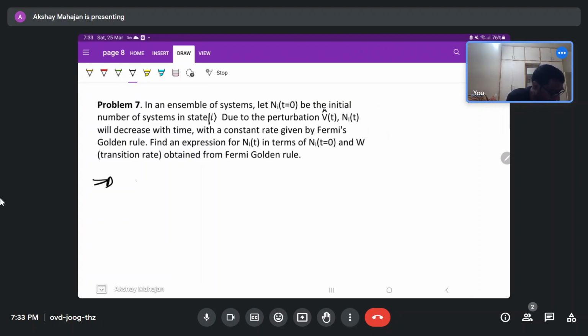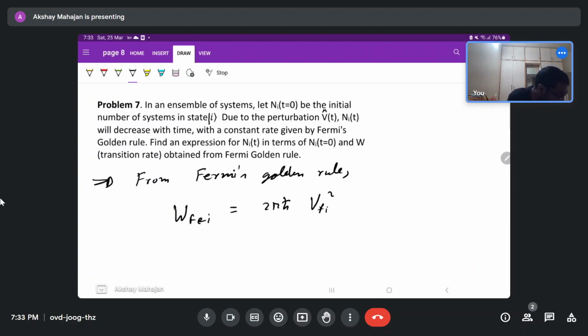Now from the Fermi golden rule, we know that this W, coming from the initial to the final state, will be 2 pi over h bar times |V_fi| squared times rho of the energy of the final state, and that we are calling W. In this question we need to find the answer in terms of this W only, so we don't need to calculate it.